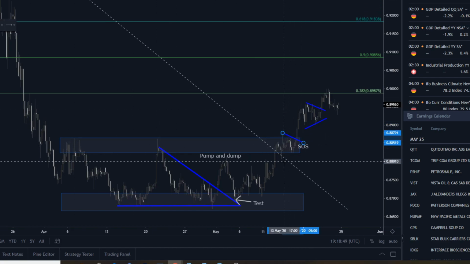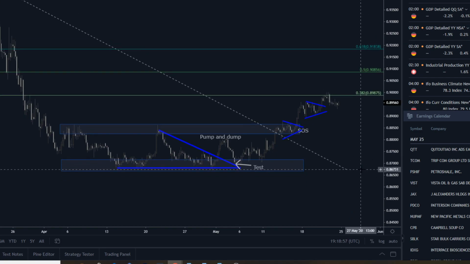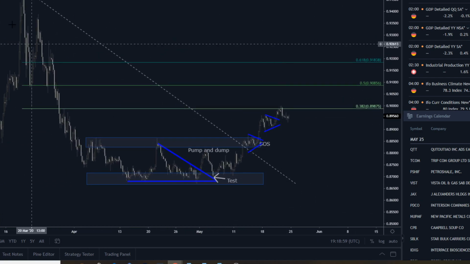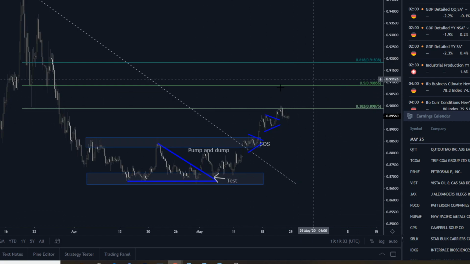Basically, you have one here, you have one there, and right now it reached a 382 of that. Let me just zoom out a bit. So you see I took the high of this and the low, and this is my 382, the 50%, and then the 618. So the max point at which I would completely stop trading the pattern is if price goes all the way to 618.